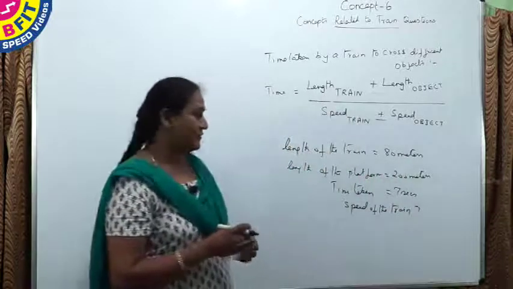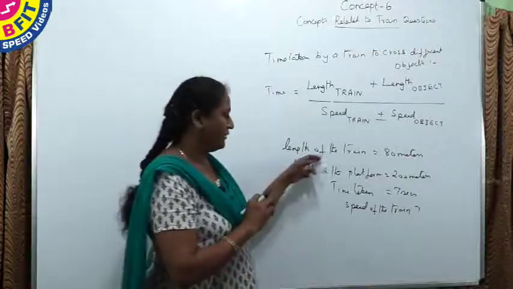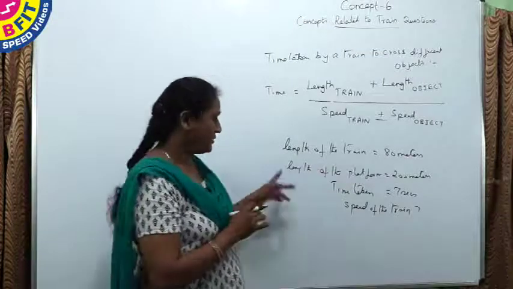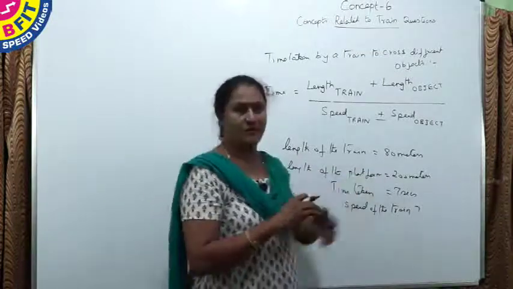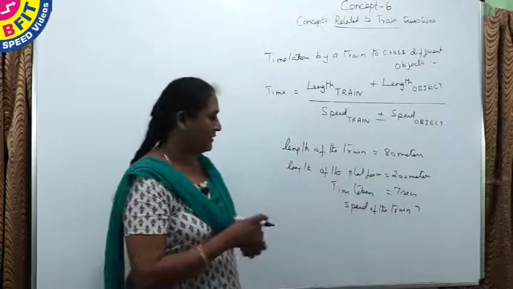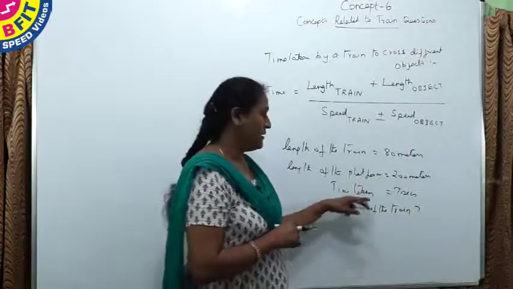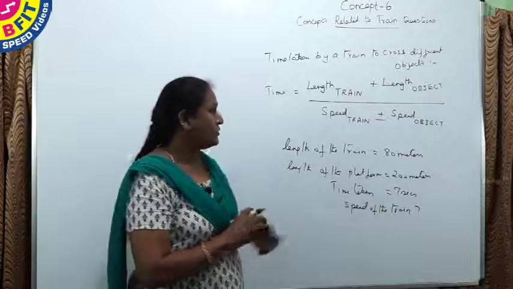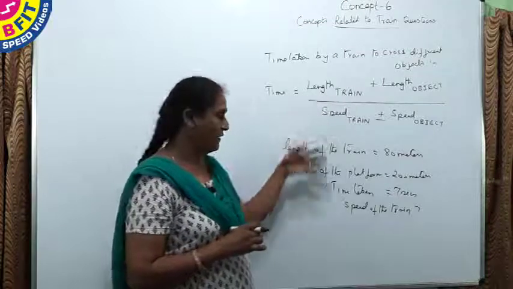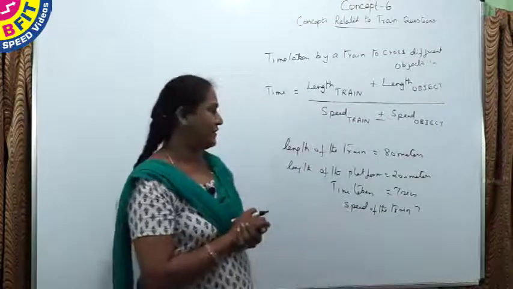So now we are asked to find speed of the train. The length of the train is 80. It is crossing a platform of length 200 meters and time taken by the train to cross the platform is given as 7 seconds. So by using this basic formula, we will see how to find speed of the train.